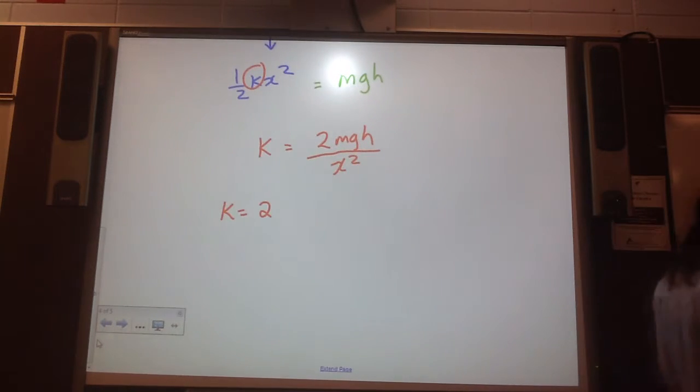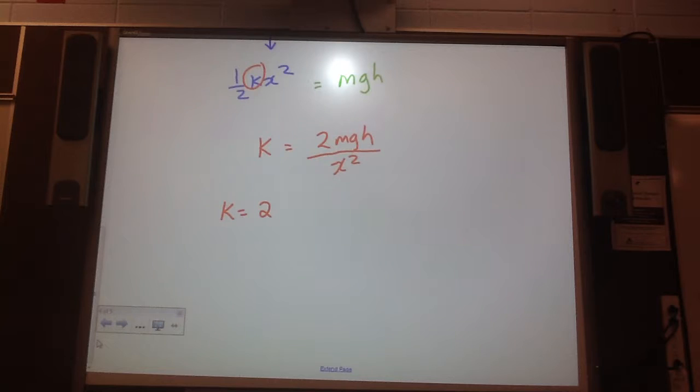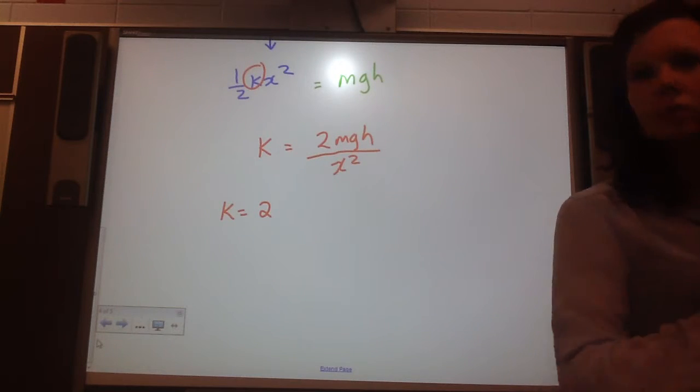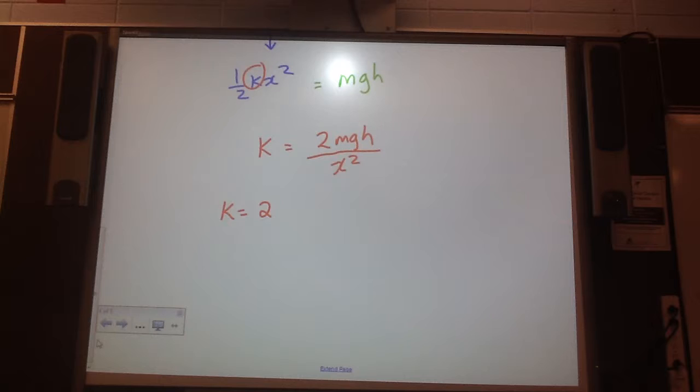Let me just check something. What mass do you think we use?